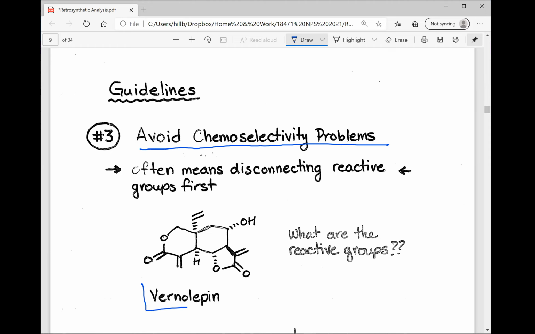So this is a natural product. I can't remember exactly where you find it from, but there are a number of different functional groups in here. Any idea as to which ones would be reactive? What are the different functional groups in this molecule?